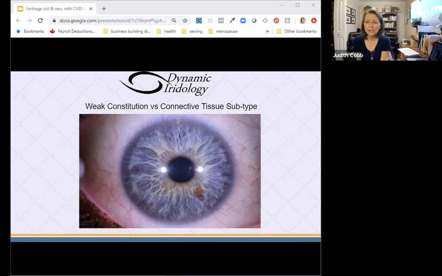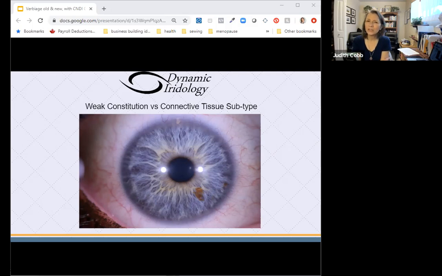We now call this the connective tissue subtype, and we know that it correlates more strongly to people having a slightly less robust collagen structure. However, having said that, I have worked with clients who've had this kind of a constitution, and they displayed no weakness at all because they'd already learned to give their bodies what the body needed to be well.